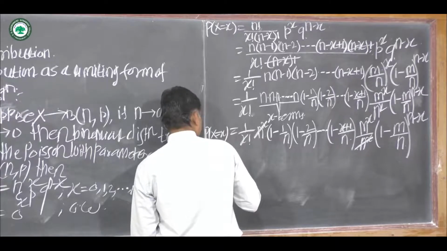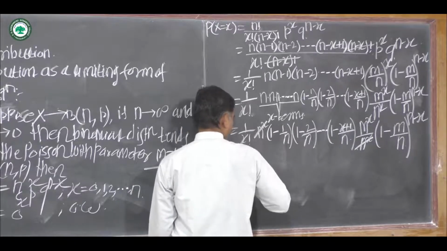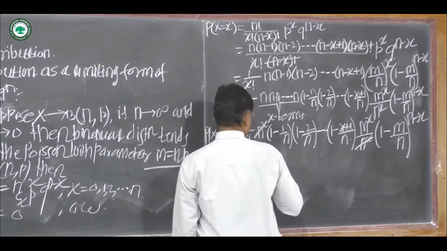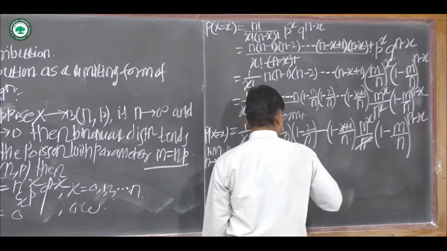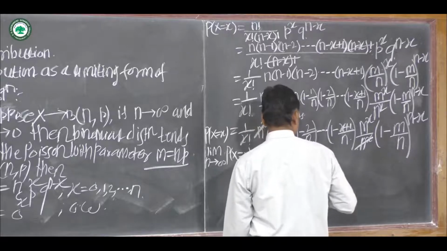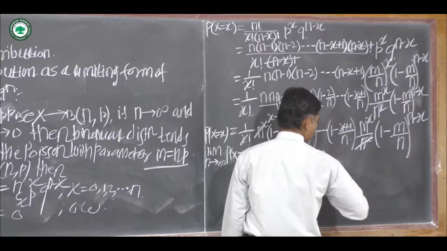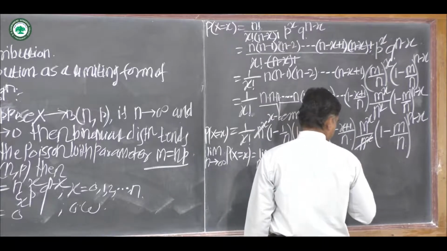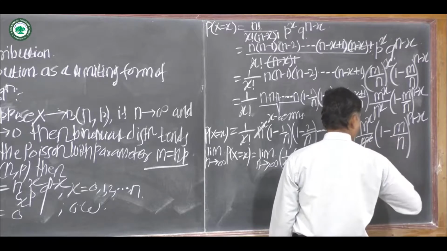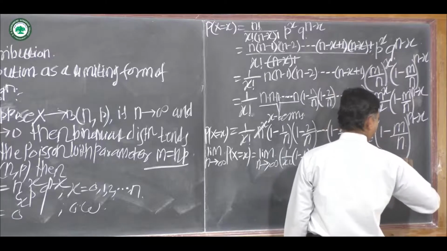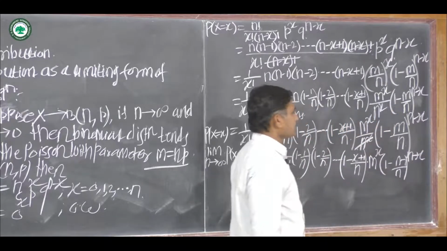That is, the limit as n tends to infinity of probability of X equal to small x is equal to the limit as n tends to infinity of 1 upon x factorial into (1 minus 1 upon n) into (1 minus 2 upon n) ... into (1 minus x plus 1 divided by n) into m raised to x into (1 minus m upon n) raised to n minus x.